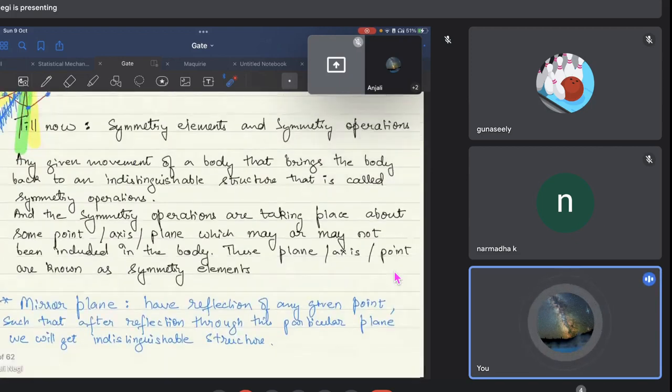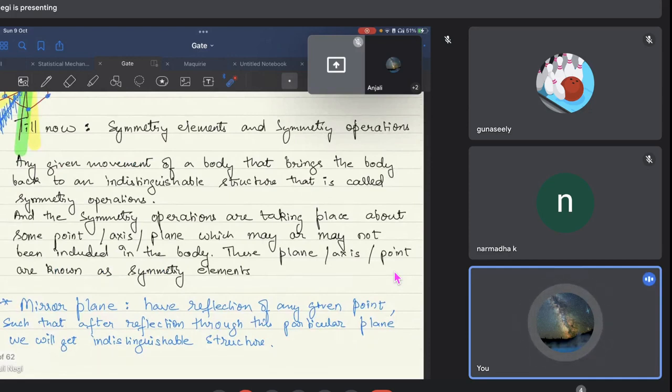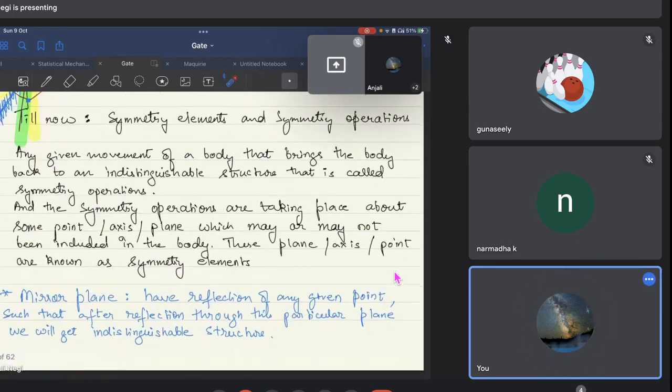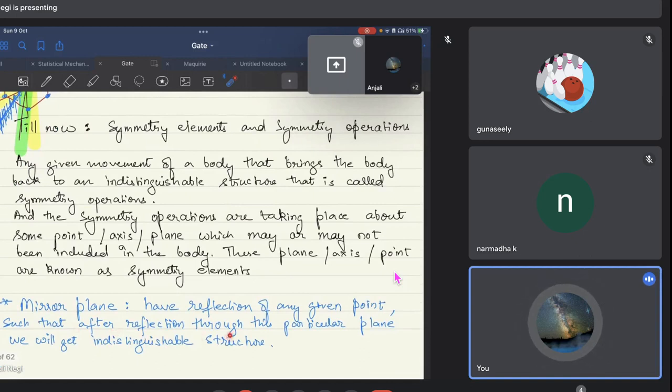We have seen symmetry elements up to mirror planes. A mirror plane reflects any given point, as I have shown you in the benzene molecule, where the points reflected and gave back the benzene structure itself, an indistinguishable structure.